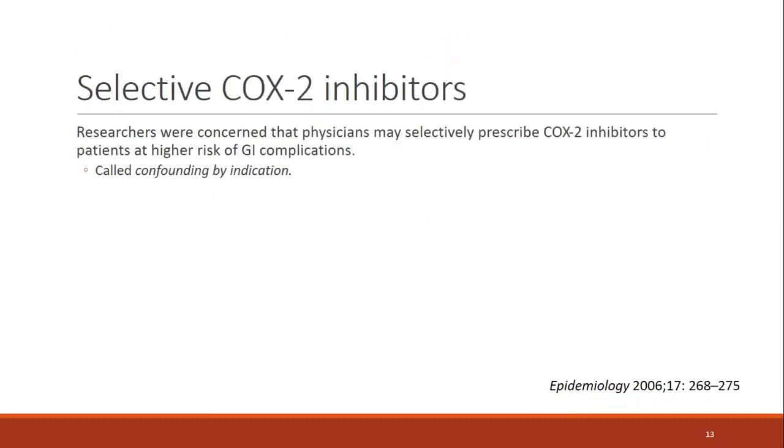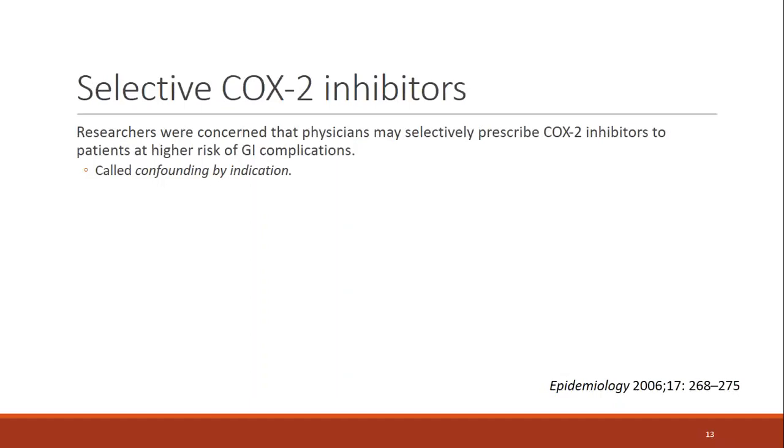And the last one is selective Cox-2 inhibitors. So again, same kind of concern here. In pharmacoepidemiology, we focus on what's called confounding by indication a lot. This is a problem of physicians prescribing drugs to people who they think are going to benefit from them, and not prescribing drugs to people who they don't think will benefit.